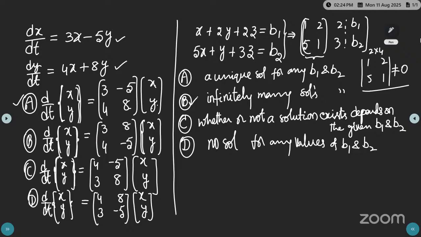Now, if B1 equals B2 equals 0, the given system is homogeneous.